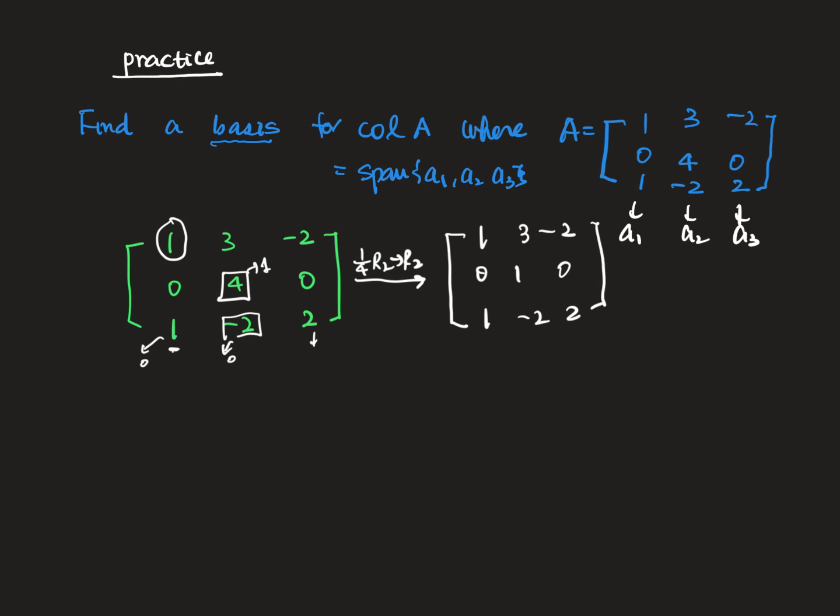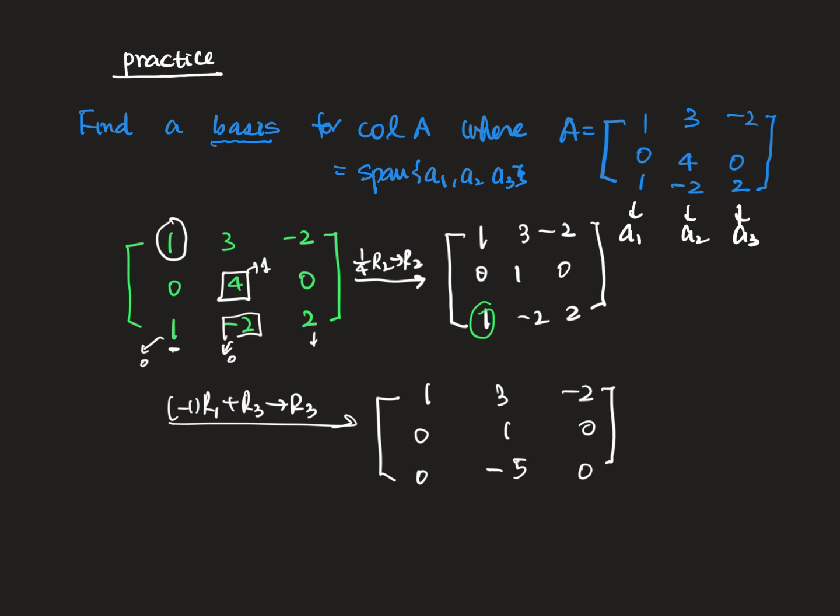One more thing: this entry should be 0, so negative 1 R1 plus R3 goes to R3. That gives 1, 3, negative 2, then 0, 1, 0, then 0, negative 5, and 0.